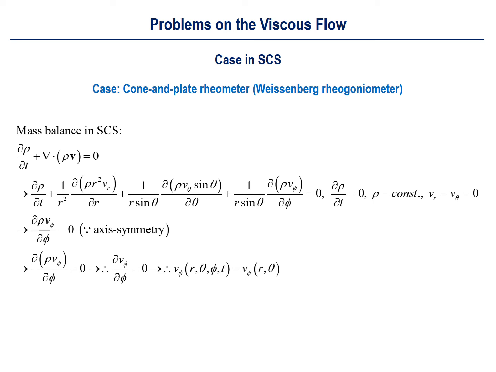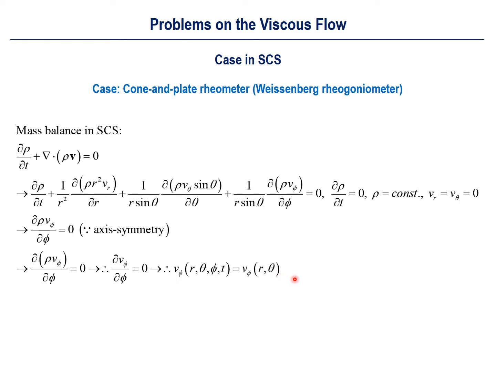So considering axis symmetry, it means that there is no dependency on this azimuthal angle phi here. There will be no dependencies on phi, and therefore the azimuthal angular directional velocity is a function of r and theta here.